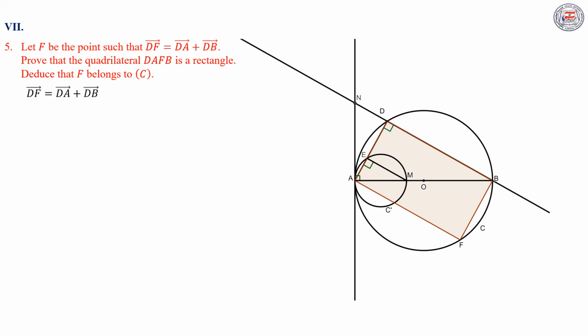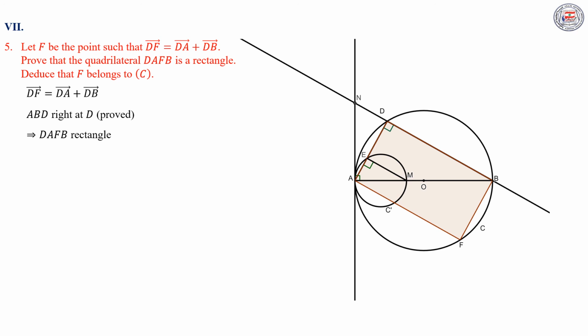We have vector DF equals vector DA plus vector DB. This gives us that DAFB is a parallelogram, and ABD is right at D, this is proved before, then DAFB is a rectangle.